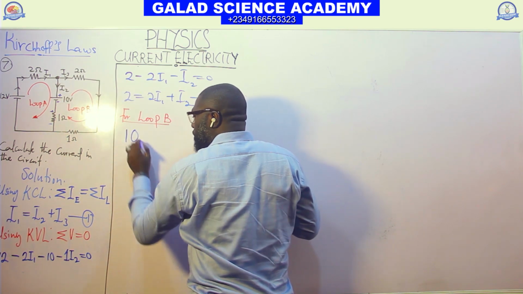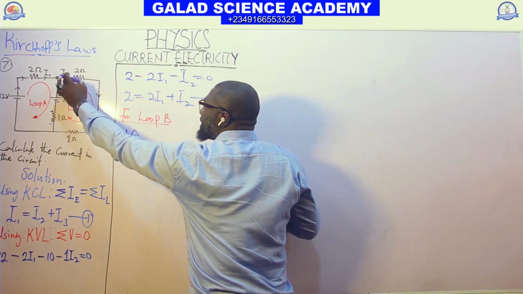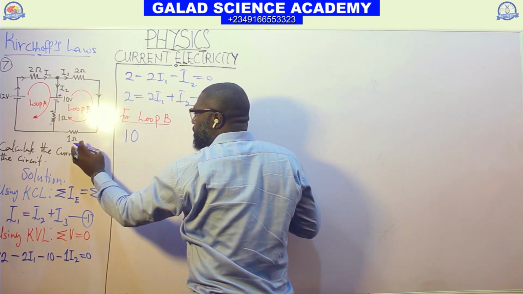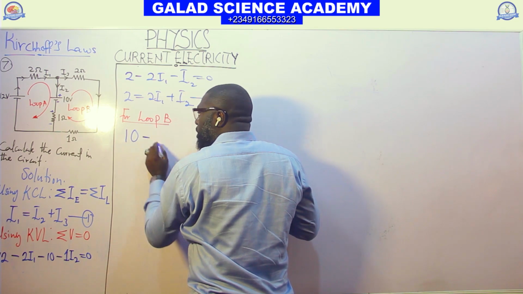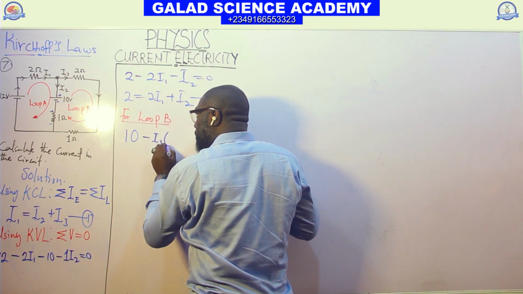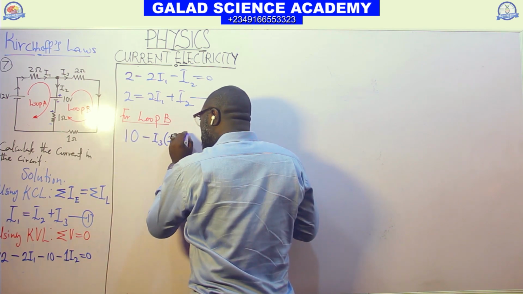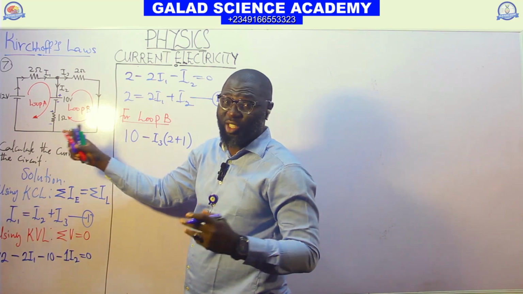It will be 10 volts. To get to this side, this I3 supplies current to the 1 ohm, 2 ohms, and this 1 ohm. You add these two together: I3 into bracket 2 ohms plus 1 ohm. Because they have the same current and are in series, you add them together.